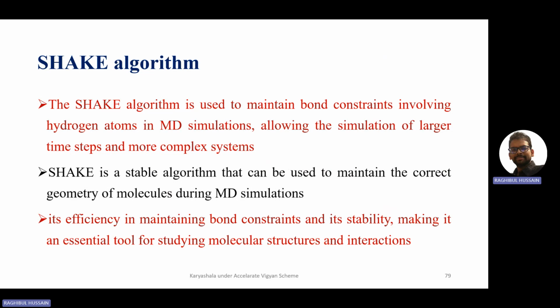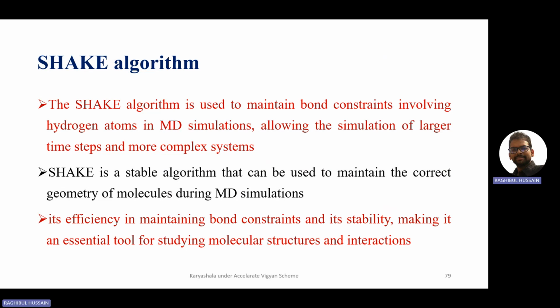There is another thing that is called the SHAKE algorithm. It is used to maintain the bond constraint involving the hydrogen atom, like the CH bond in the MD simulation. When the CH bonds are basically frozen, we can use a larger time step that will reduce the computational time.